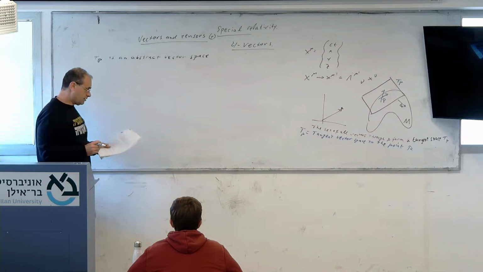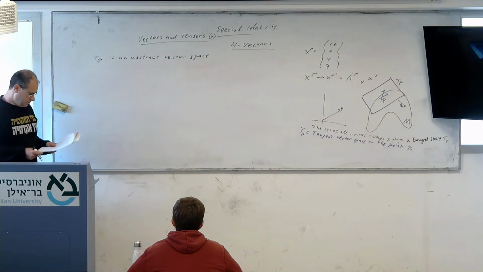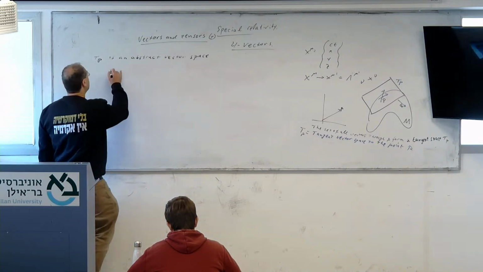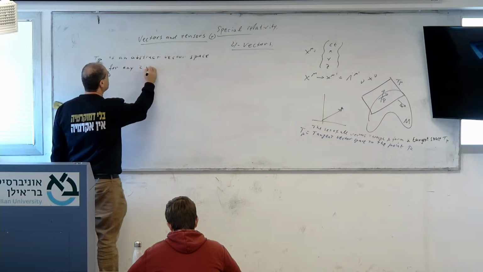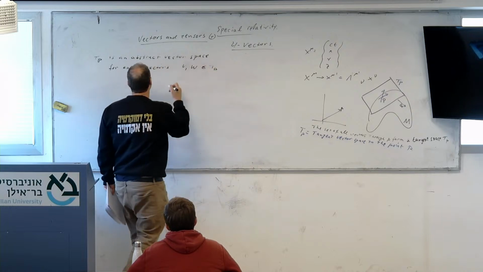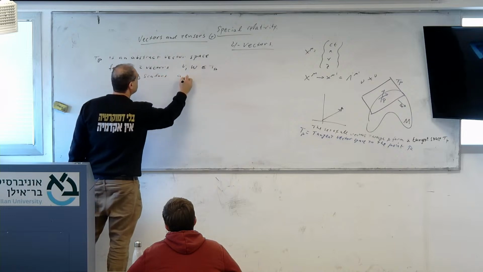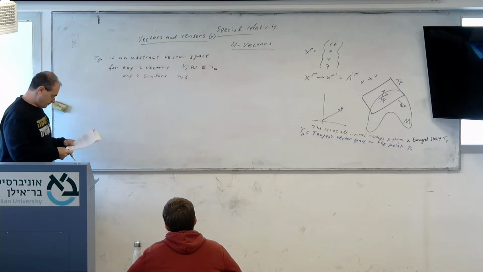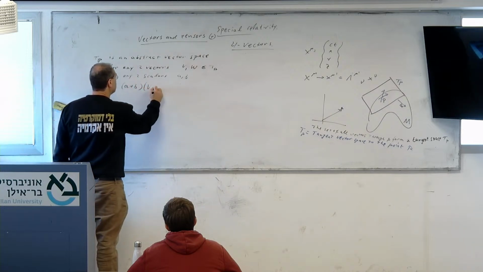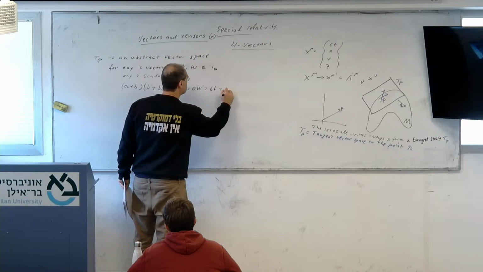Which means that if you have two vectors that go through TP, you can add them, you can multiply them with scalars. It's linear. So for any two vectors V and W that belong to TP, and any two scalars A and B, we have A(V plus W) equals AV plus AW, and (A plus B)V equals AV plus BV.